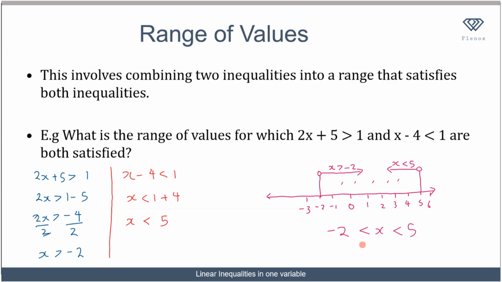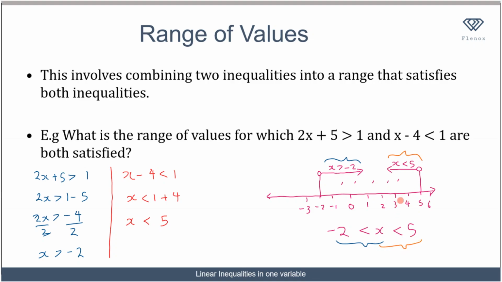And this should not be strange to you, because as I explained, x greater than minus 2 is the same as saying what? Minus 2 is less than x. So this number over here, x greater than minus 2, is the same as saying minus 2 is less than x. And this number over here, where you have x is less than 5, is the same thing that you have over here, where you have what? x is less than 5.